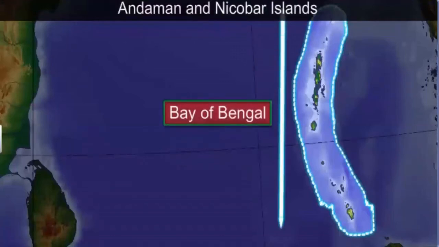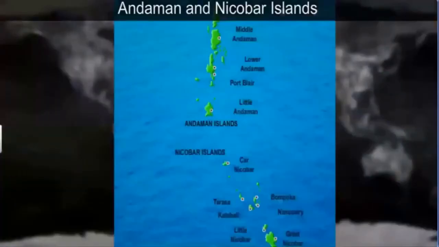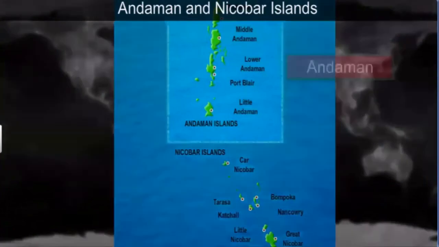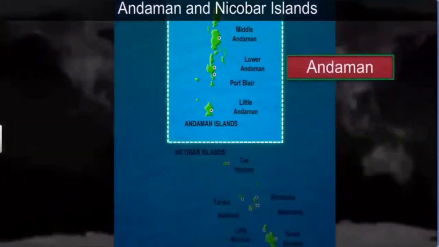There are numerous scattered islands in the chain. Most of them are bigger in size than those in the Lakshadweep Islands. The entire group of islands is divided into two broad categories. The northern islands are called the Andaman, and the southern islands constitute the Nicobar category.